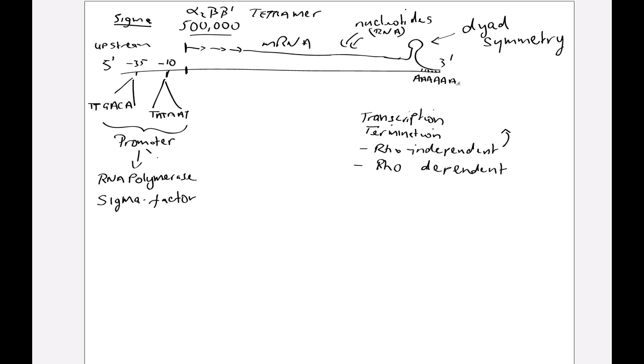What happens is that the A nucleotides bind very weakly to the U nucleotides on the RNA, and as a consequence, this dyad structure, this stem and loop structure, followed by this run of weak bases, causes the RNA to dissociate from the DNA. And so this is rho-independent termination, and rho-independent termination is caused by features of the DNA sequence.